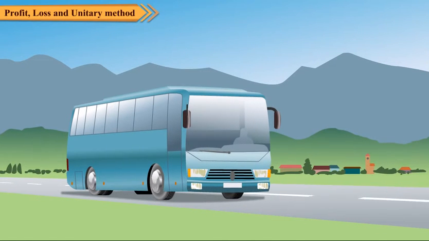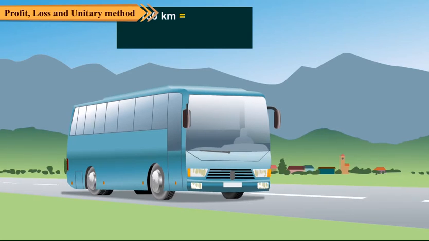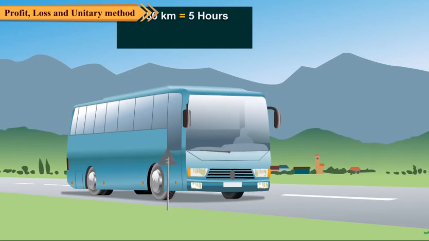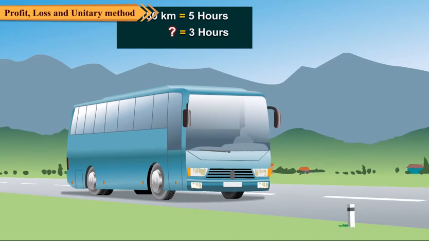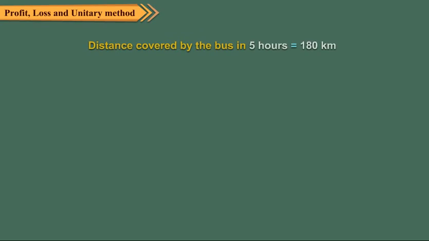Consider this example. A bus covers 180 kilometers in 5 hours. How much distance will it cover in 3 hours? Here first we will find the distance covered by the bus in 1 hour. To do so, we divide 180 by 5.